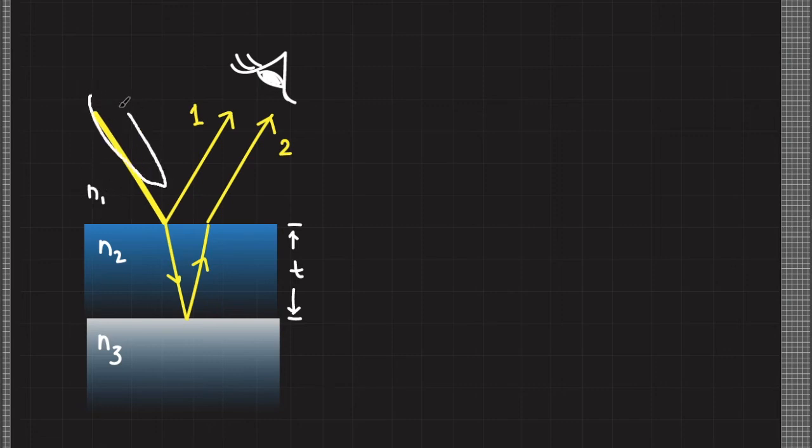So this light ray here is our incident ray. When this incident ray is reflected at this boundary, let's represent the reflected ray as ray 1, and some of the incident ray is able to pass through this boundary, and some of it is then reflected again at this boundary. Let's represent the reflected light ray from this boundary as ray 2.